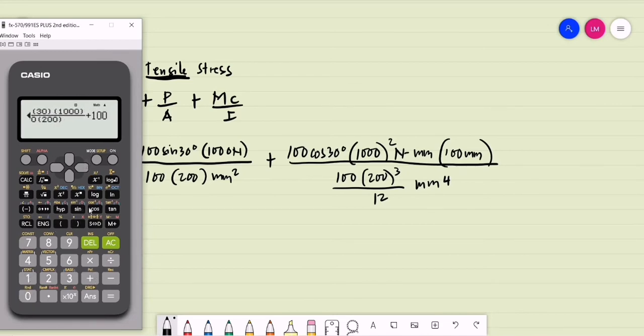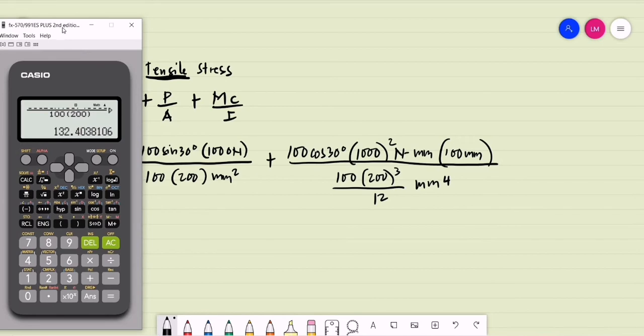The moment is 100 cosine of 30 degrees, then multiplying 1,000 squared for the units to be in newton millimeters, multiplied by C, this is 100, divided by the width of the beam, 100, and the depth 200, this is the moment of inertia, raised to 3, divided by 12. But again, since it is rectangular, you may use the 6M over BD squared.